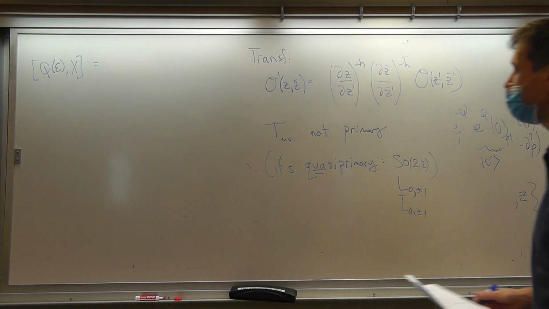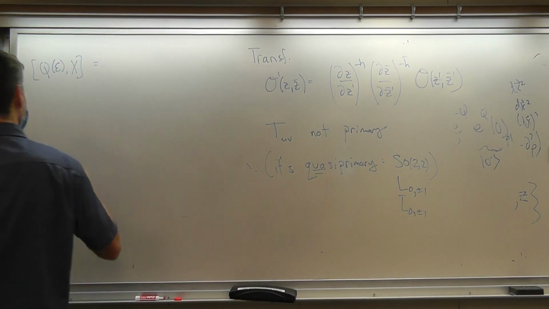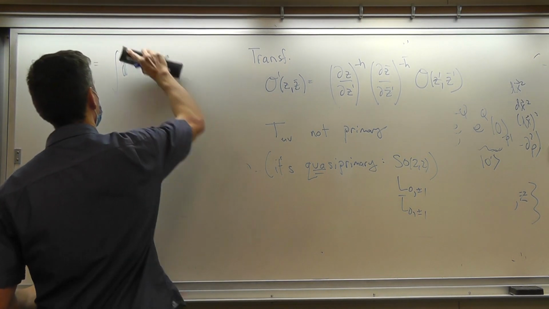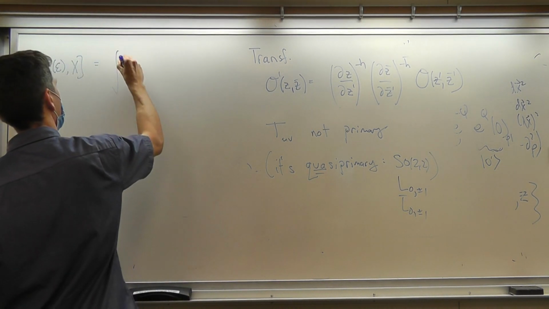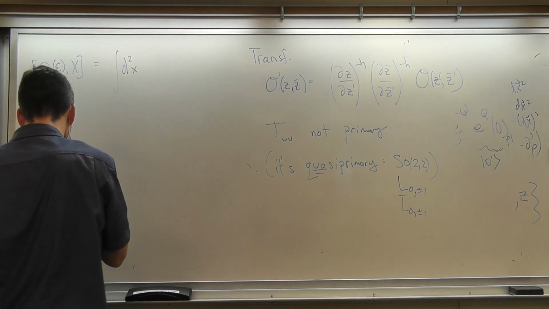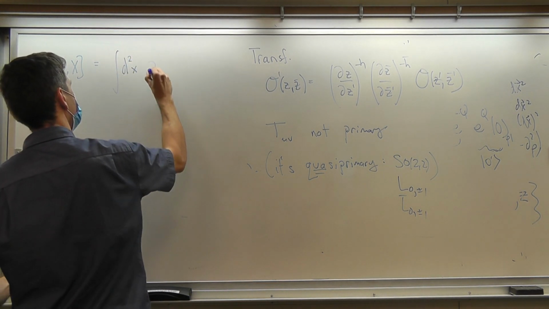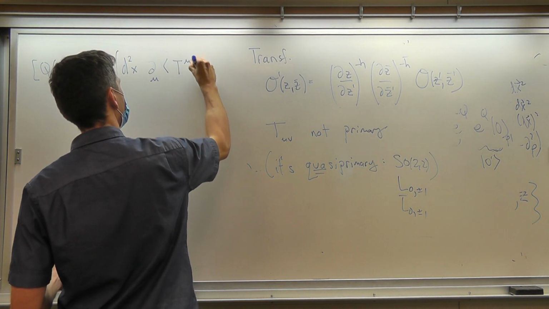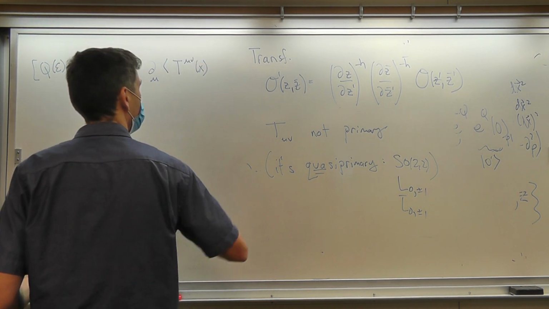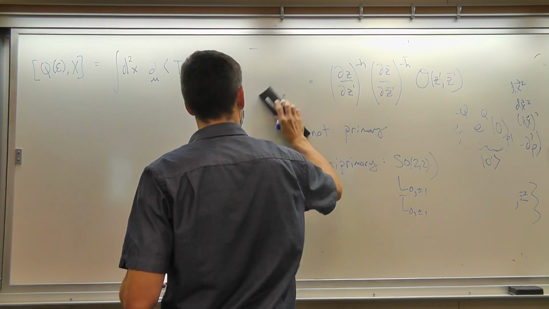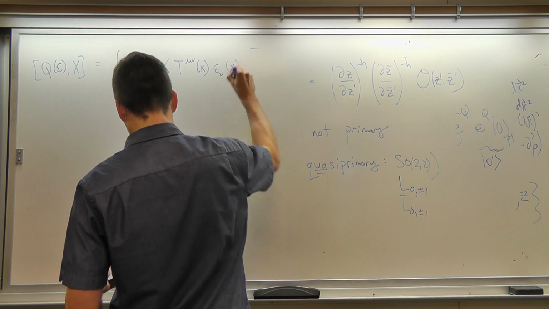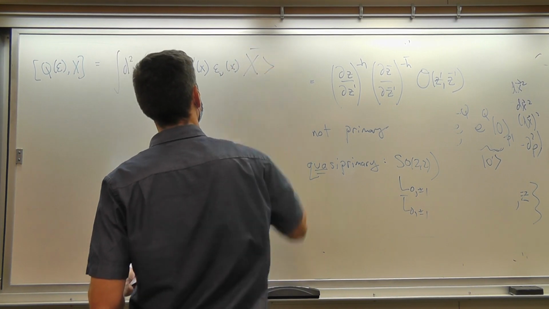So that difference, Q comma X, is the integral d2x, partial mu, T mu nu of x, epsilon nu of x, X.